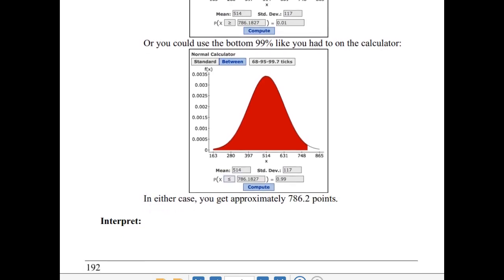Okay, so if we interpret that here, we can say that 1% of all people who took the SAT, and again, to be more specific, it would be in 2012 because that's what this data is based on.